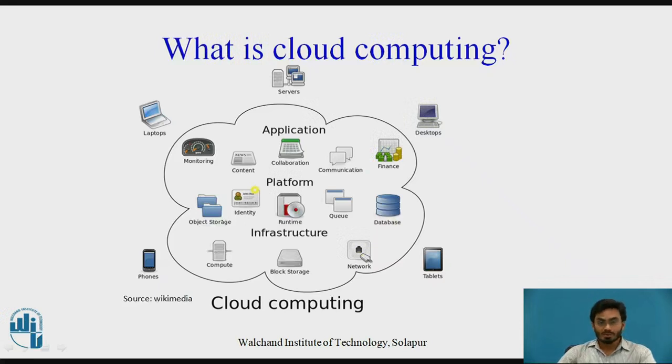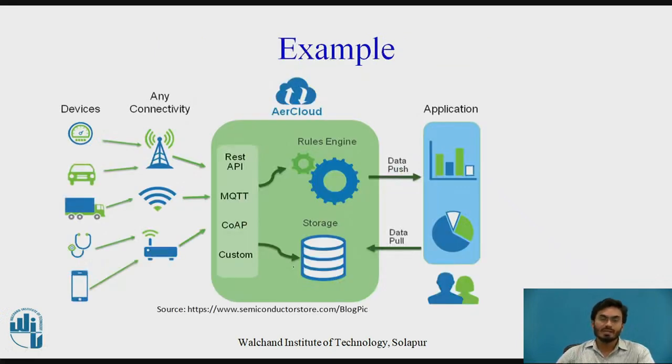The data you are storing on these storage servers is going to be part of our platform. And the third one is the infrastructure, where the exact physical devices are, like maybe 1,000 computers or maybe 1 lakh hard disks and the rest of the things. So let's go into the details and see where exactly it lies.